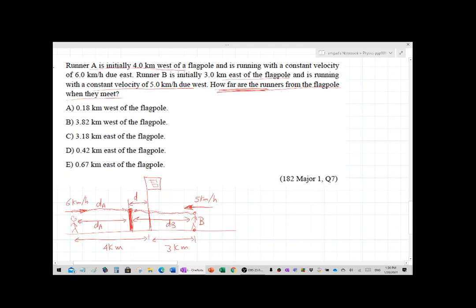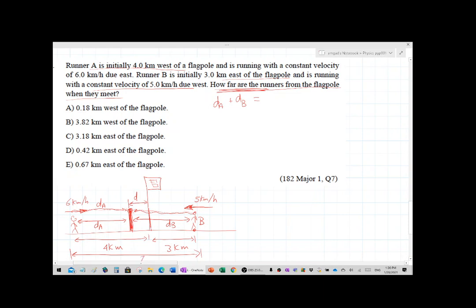If you sum the distance dA plus dB, regardless the position, I don't know where is the position when they will meet, but if you sum the distance, the first guy plus the second guy, it gives you the total distance between them before they move, which is what?